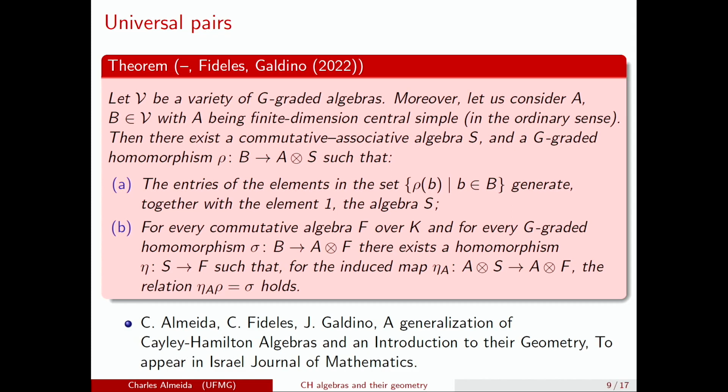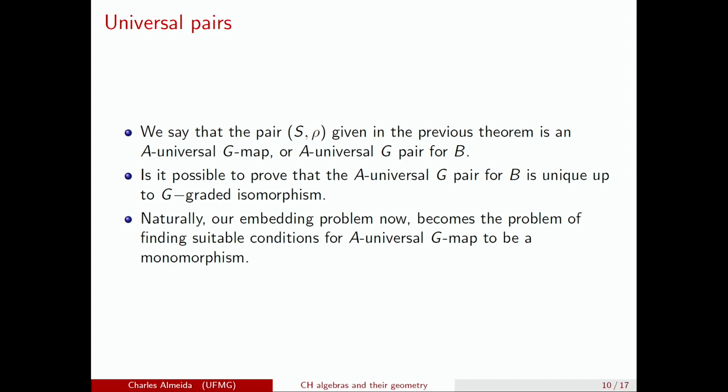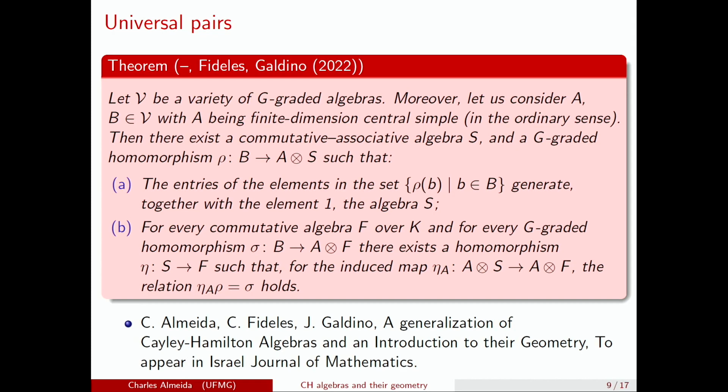The first result that we have is that if we fix a variety, a type of properties that we want inside an algebra, and consider two algebras, the first one, A, being finite dimensional and central simple, then we actually can find a commutative associative algebra S and a homomorphism Ho from B to A tensor this commutative algebra, such that these two properties hold.